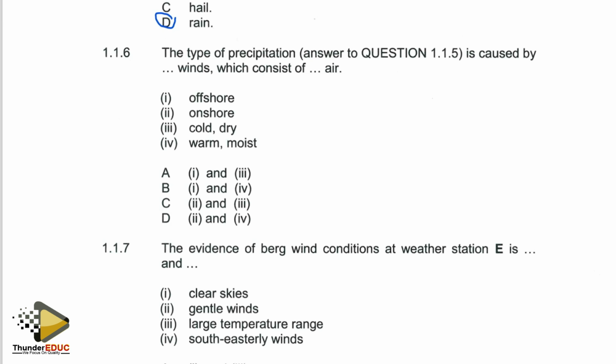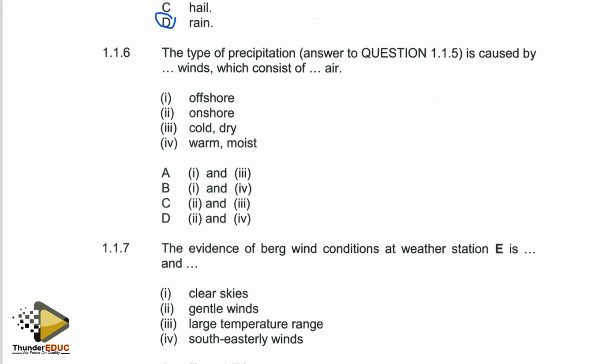Then we look at the conditions of the winds which are onshore, conditions which are likely to cause rainfall. For effective condensation to take place, we need warm and moist air. Cold and dry air has no capacity to cause condensation, because if the air is dry, it doesn't have moisture. So we cannot have effective cloud formation, and we cannot have rain formation.